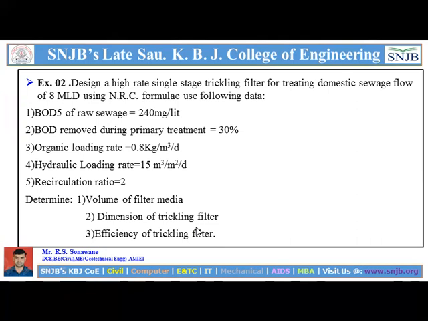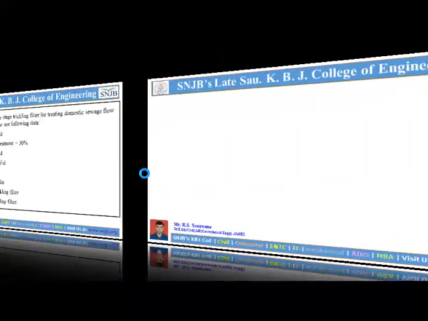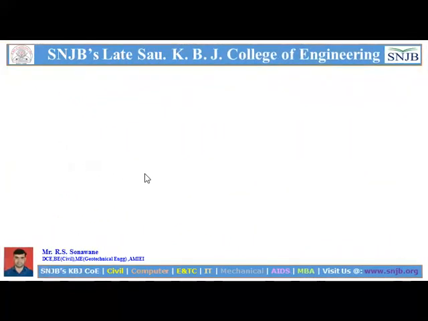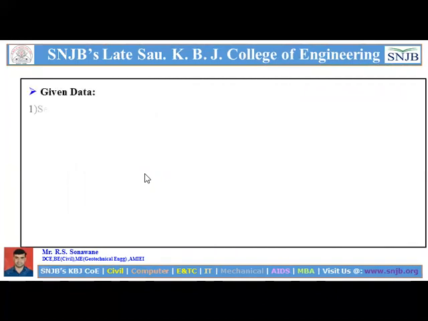So in the solution, first we have to write all the given data after doing all conversions. First is the sewage flow, that is 8 MLD, equal to 8 into 10 raised to 3 meter cube per day.